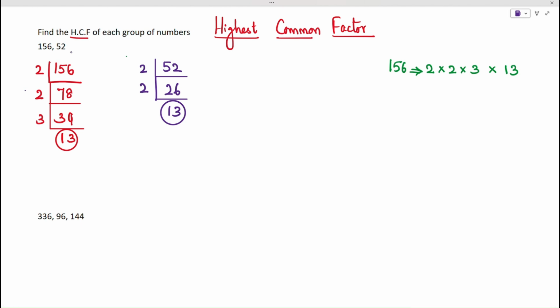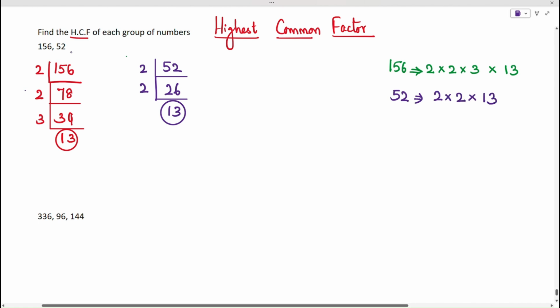So we have 52 as a product of its primes as 2 times 2 times 13.